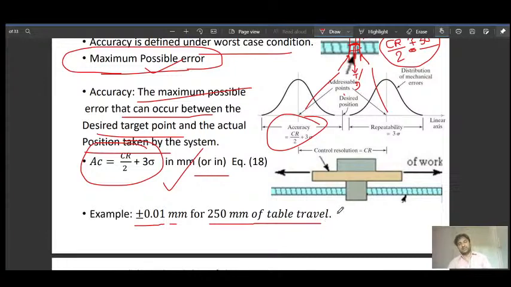What does it mean? It means if the table travels 250 mm from this to this position, there would be an error of 0.01 mm in that positioning. In 250 mm of travel, this much error we can expect.